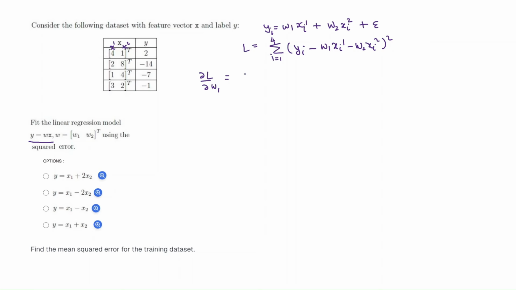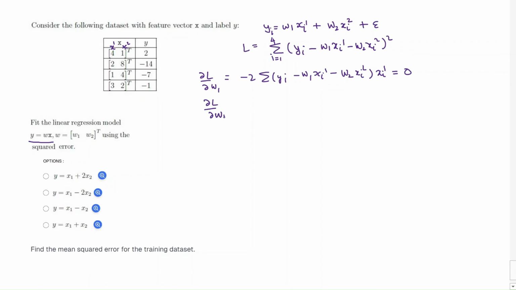So this will turn out to be minus 2 summation (yi minus w1 xi1 minus w2 xi2) times xi1 equal to 0, because we have to set it to 0.